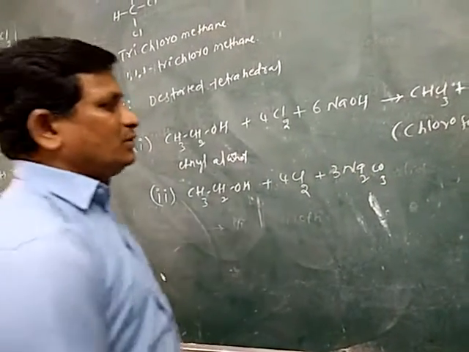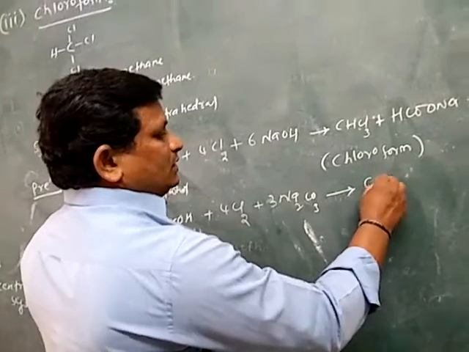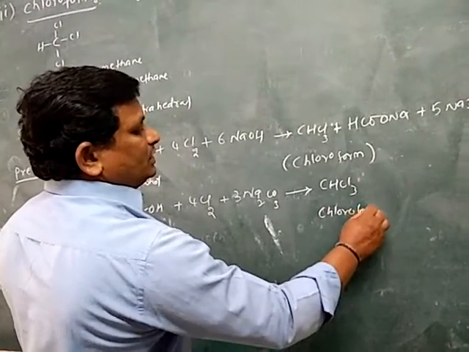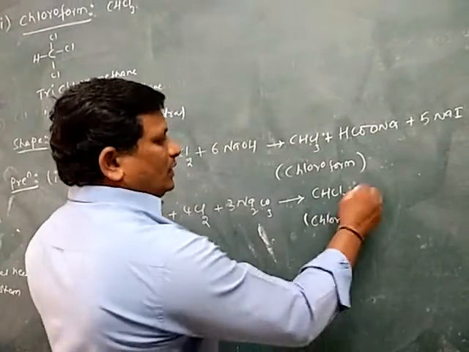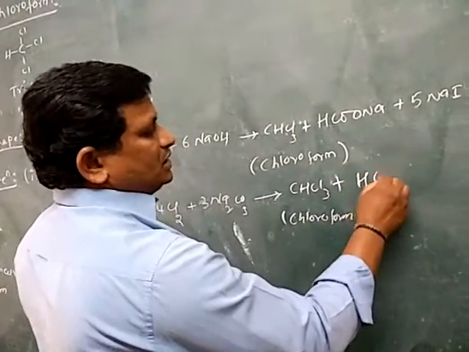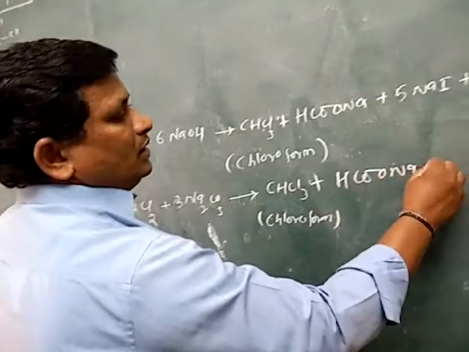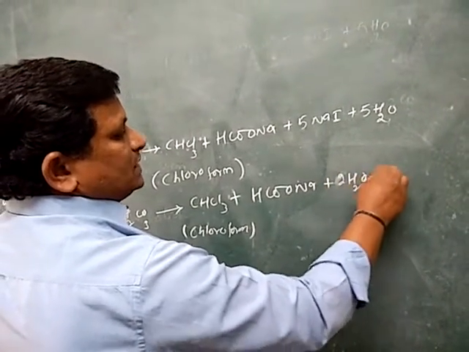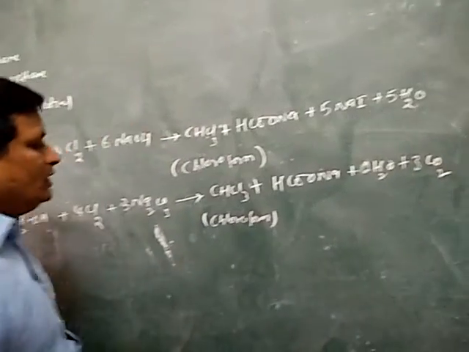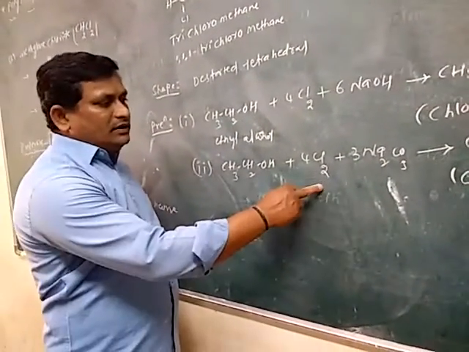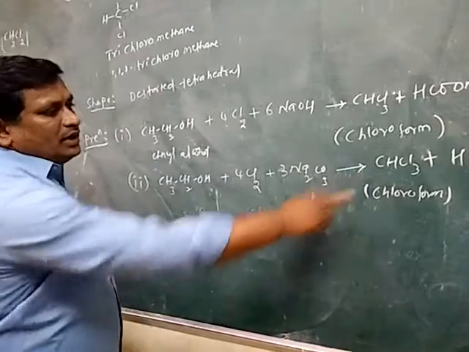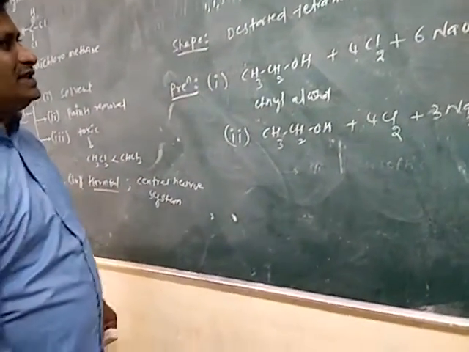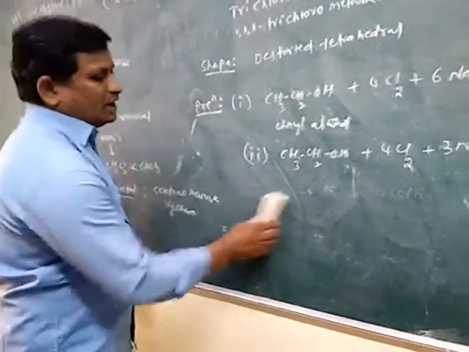Then it gives CHCl3, chloroform, plus sodium formate HCOONa plus 2H2O plus 3CO2. So ethyl alcohol treated with chlorine in the presence of sodium carbonate gives chloroform. The structure and shape of chloroform is distorted tetrahedral.